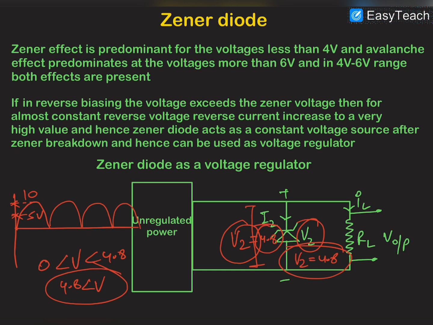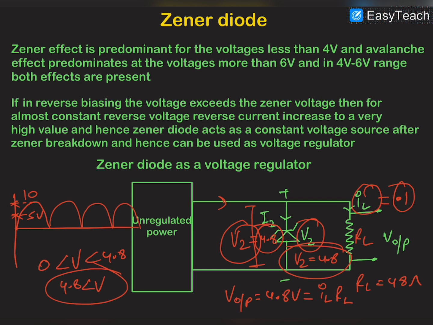Now let us suppose a scenario that this load resistance RL is 48 ohms. We know that if this voltage becomes 4.8, then this output voltage will be constant also. It will be equal to 4.8 volts, and this will be equal to IL into RL. So IL will be 4.8 upon 48, which is 0.1.